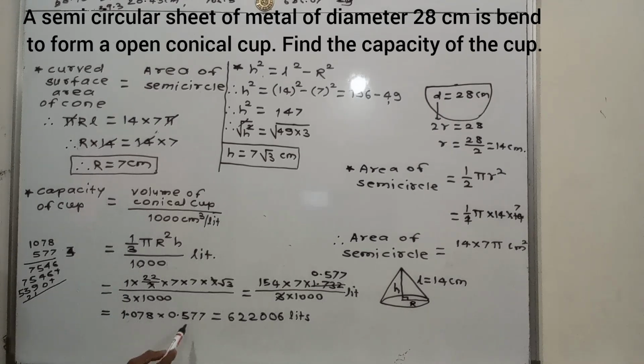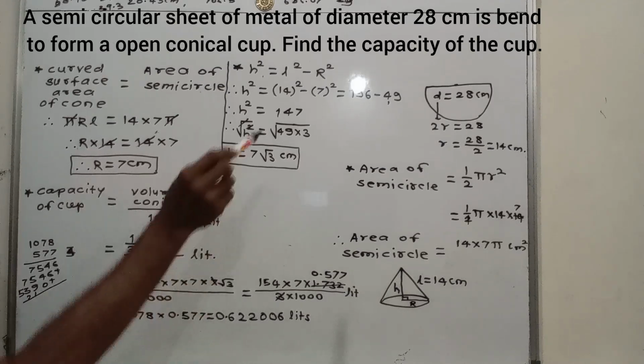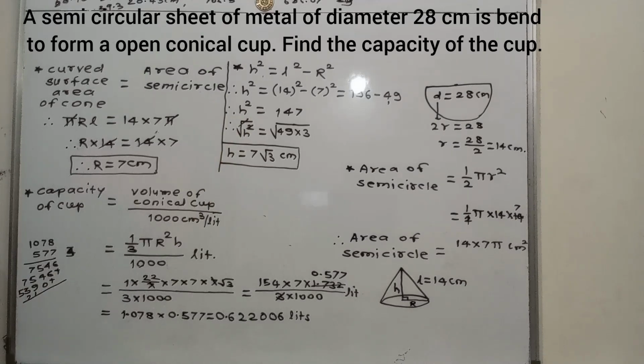Means the capacity of this conical cup, which is made from the semicircular sheet, is 0.622006 liter.